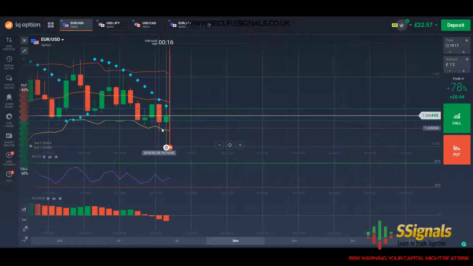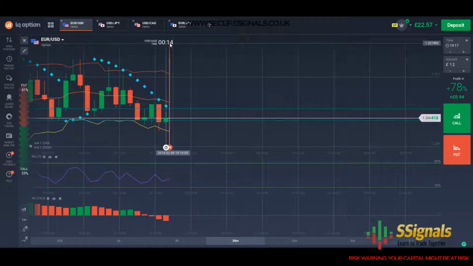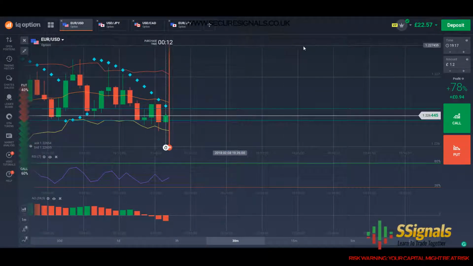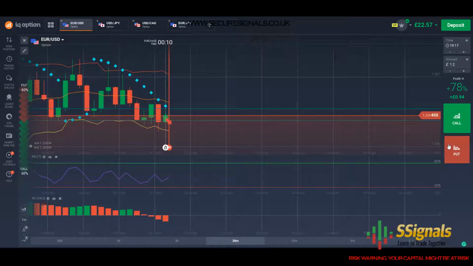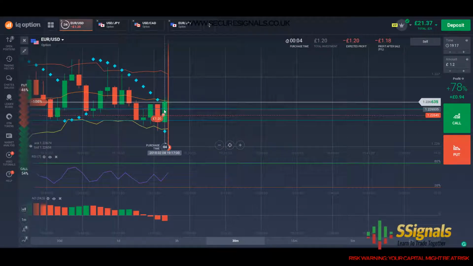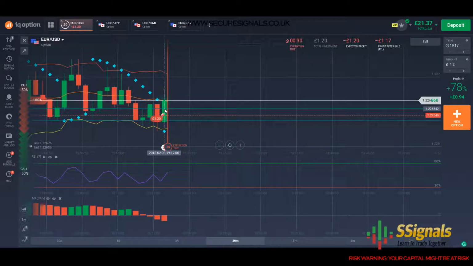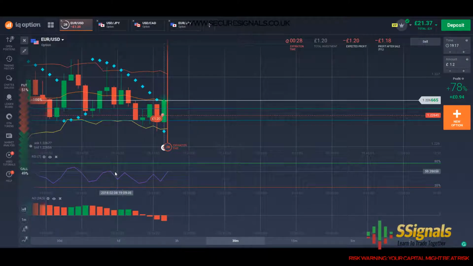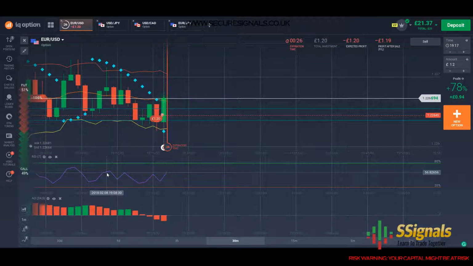Okay. For this one, let's enter a put now for 19.17. If you can get at the top of here, that's great. Let's wait for the downwards push.